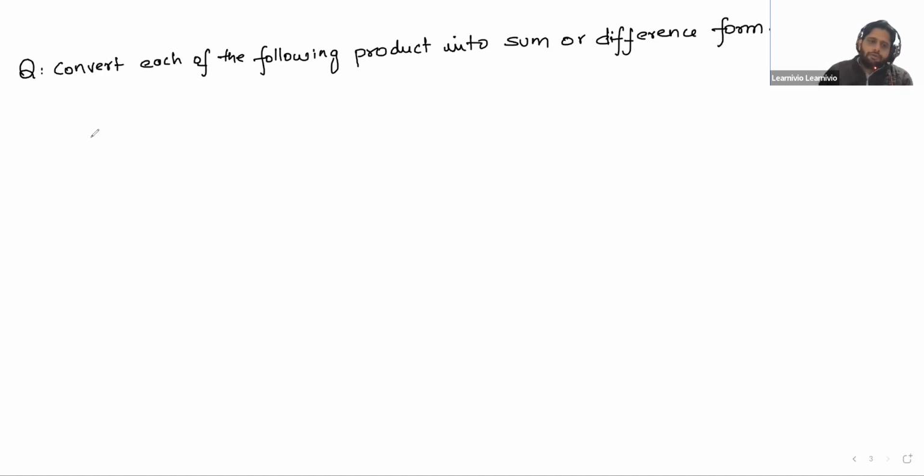So the first is 2 sin 5 theta cos theta. So I will do the first one, then you need to do all.